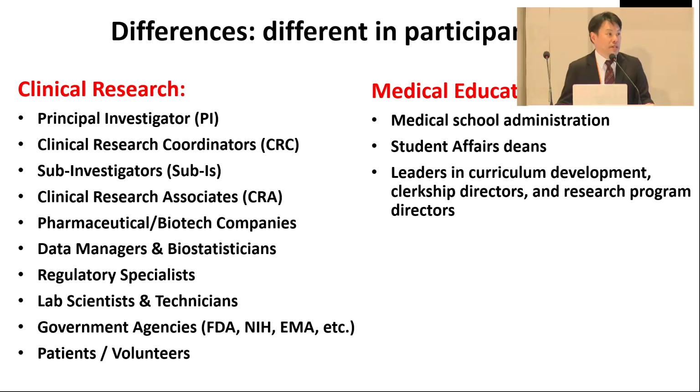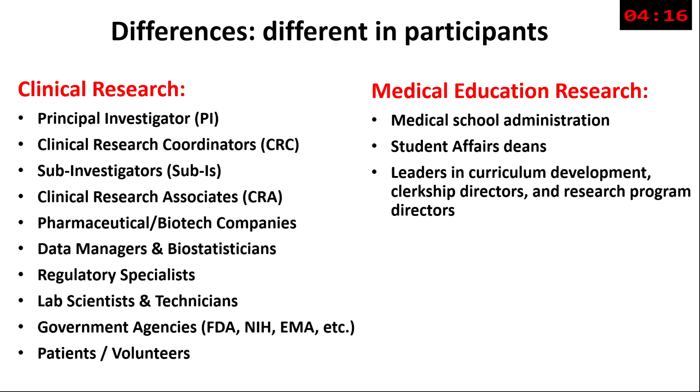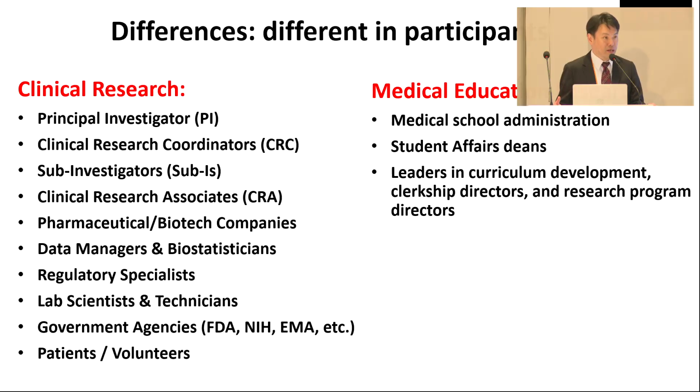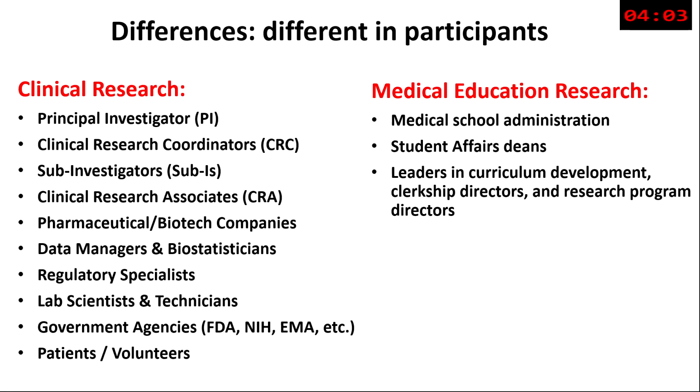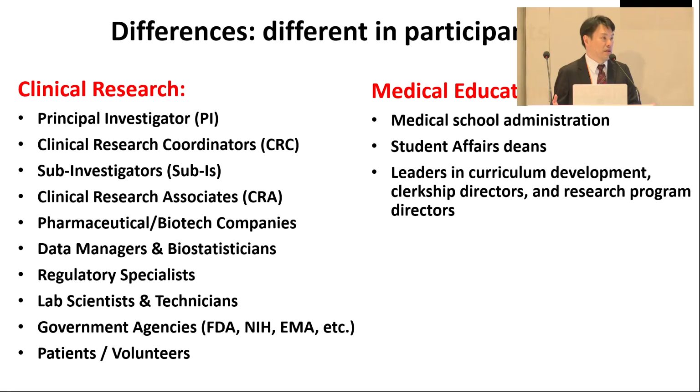And the participants in these two kinds of studies are also different. In clinical research, there is always a PI, either an MD or a PhD, who is in charge of the research. There are research coordinators who do the day-to-day work of the research. There are sub-Is who help the PI. There may be CRA companies that monitor the clinical trials. There are also pharma and biotech companies who support the funding and resources for the clinical research.